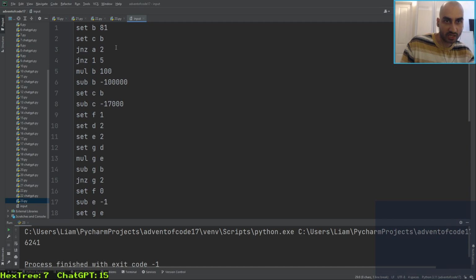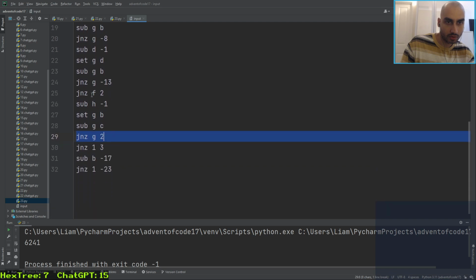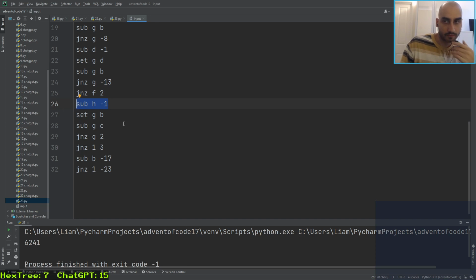When do we ever touch H? Only time we ever touch H is here, where we subtract 1. So we're counting how many times.